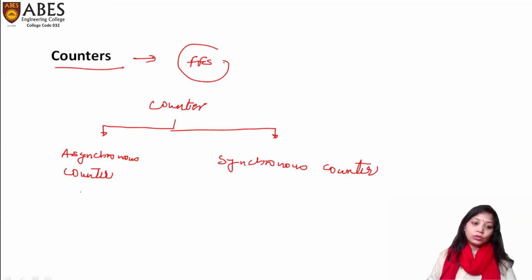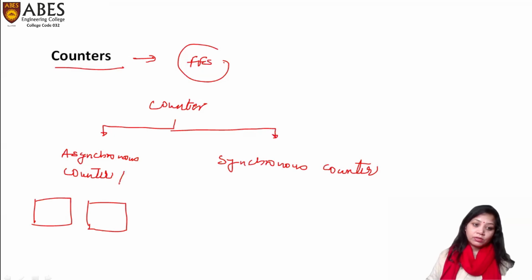Asynchronous counters are those counters in which we give the clock pulse at the first flip-flop. Suppose I'm making here a 2-bit asynchronous counter.